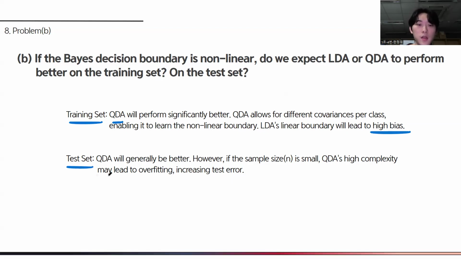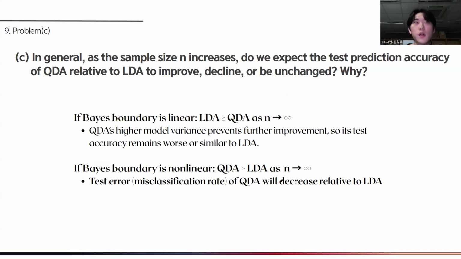On the test set, since the Bayes decision boundary is non-linear, QDA still tends to be better. However, if the sample size is small, QDA's higher complexity can lead to overfitting, resulting in higher test error than LDA.